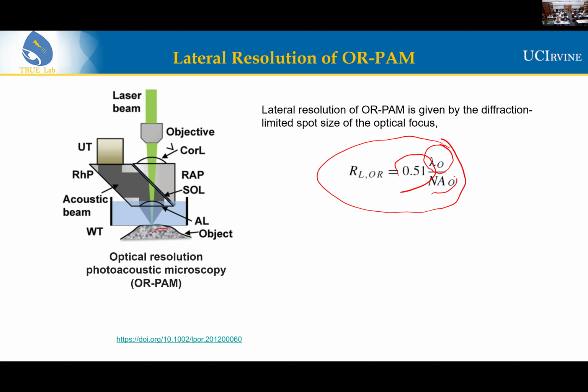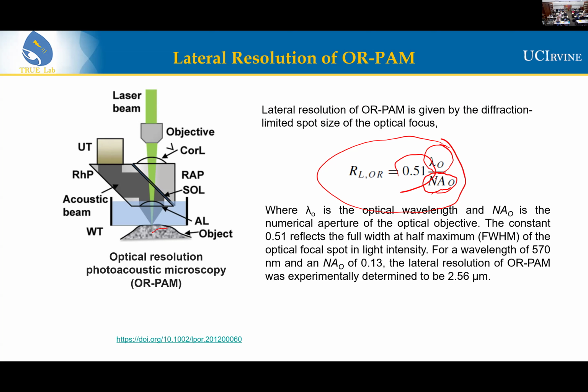And here you have the NA, which is the numerical aperture of the objective lens. That depends on what kind of objective lens you're using, and how tightly you can focus the laser beam into the tissue. Again, the constant reflects the full width at half maximum of your focus spot.